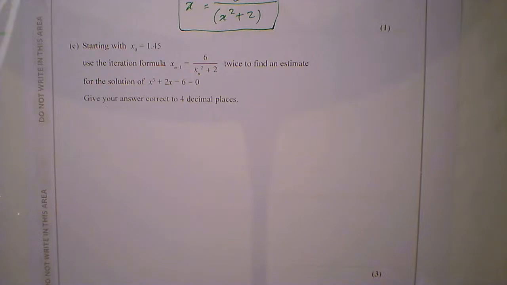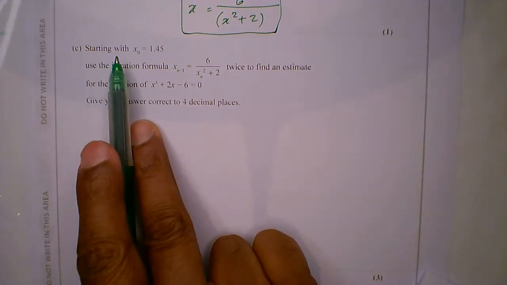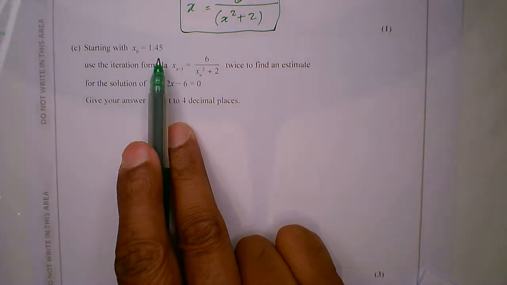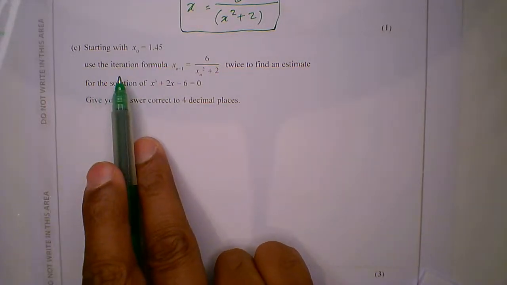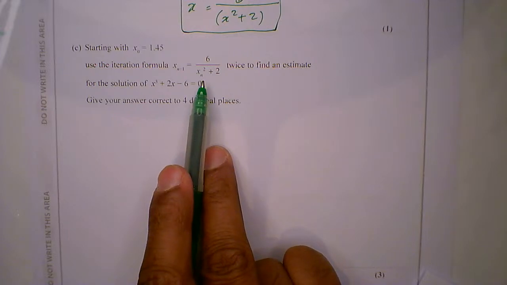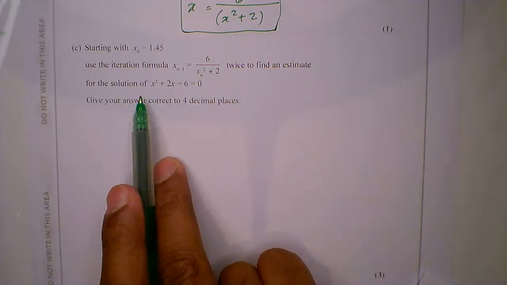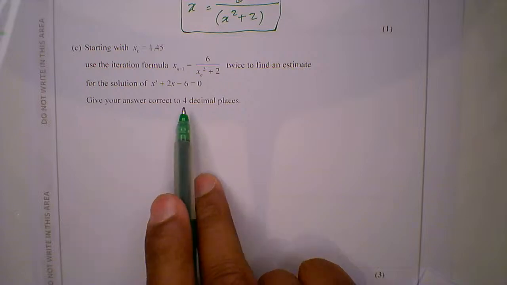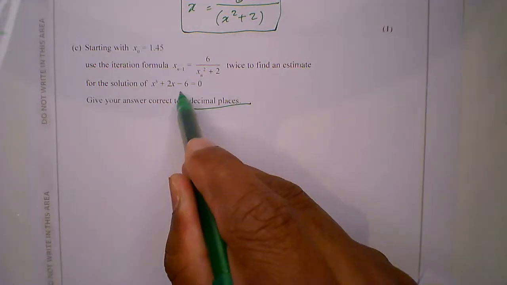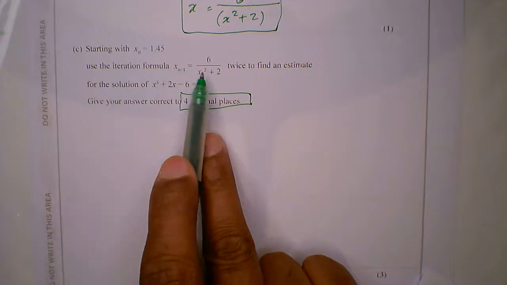If you need more time, press pause. Question 17c: starting with x0 equals 1.45, use the iteration formula xn plus 1 equals 6 over xn squared plus 2 twice to find an estimate for the solution. Give your answer correct to 4 decimal places. So what we're really doing is putting our answer back into this.